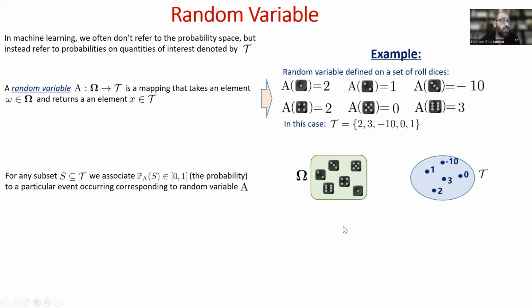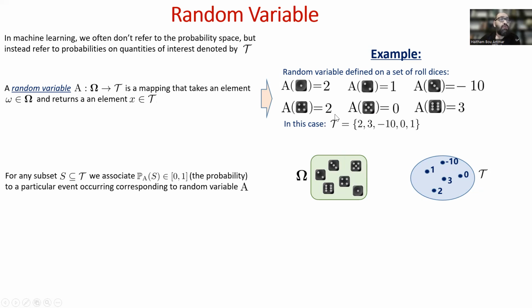Okay, so let's illustrate that. We have omega, which is the set of all the possible outcomes we can get. If we're rolling a dice, as an example, we have 1, 2, 3, 4, 5, and 6. And now we define this set T, which we are interested in, made of those numbers: 2, 3, 0, minus 10, and 1.